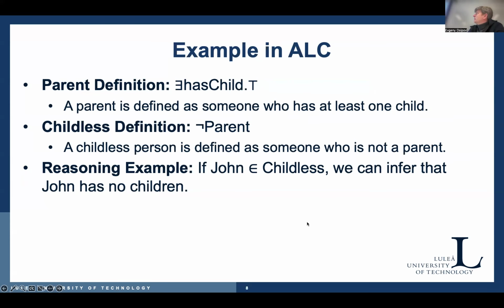So let's talk about this example. In all the examples that I will show you now, it all boils down to very simple facts. We have a definition of a parent stated like this. In normal language, it reads that a parent is someone who has at least one child.